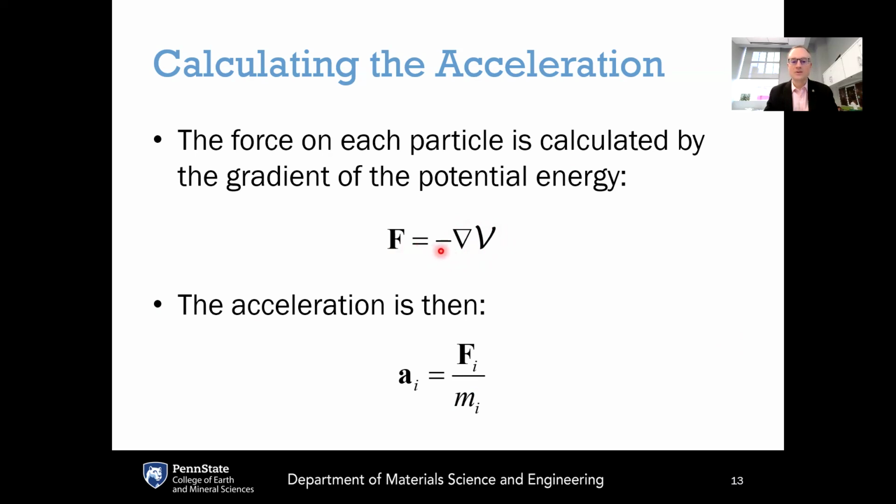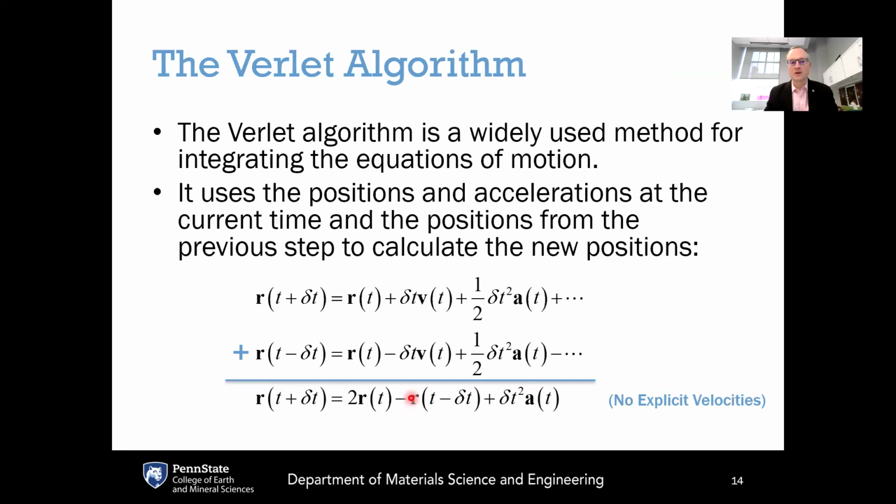So F equals minus the gradient of the potential energy function. Then the acceleration vector A is simply the force divided by m. And so this becomes minus the gradient of the potential energy function divided by m, and that's what gets us the acceleration vector.